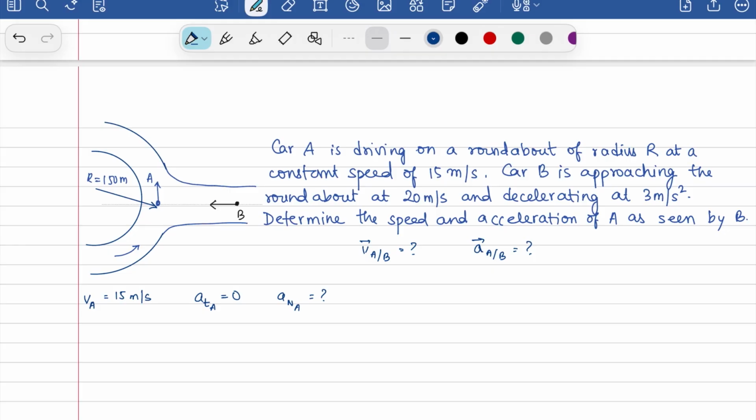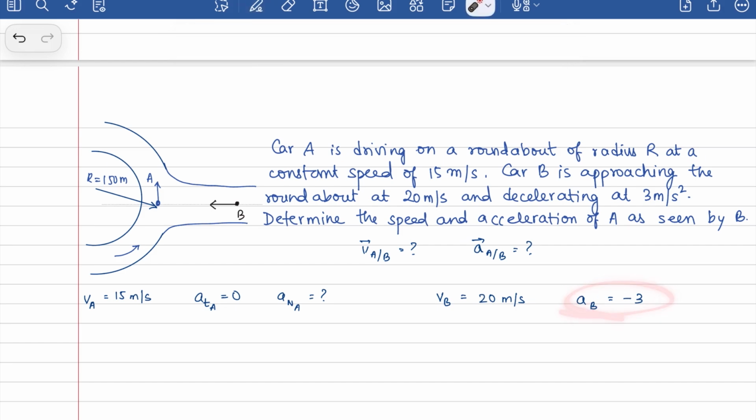For car B, the speed of B is 20, and the acceleration of B is minus 3. Well, that's incorrect. This would be just scalar magnitude, but let's do everything in terms of vectors.